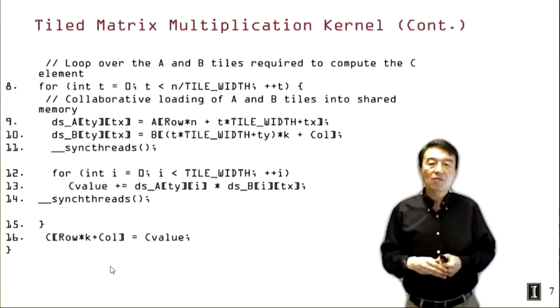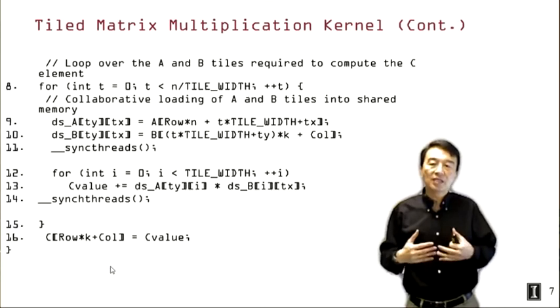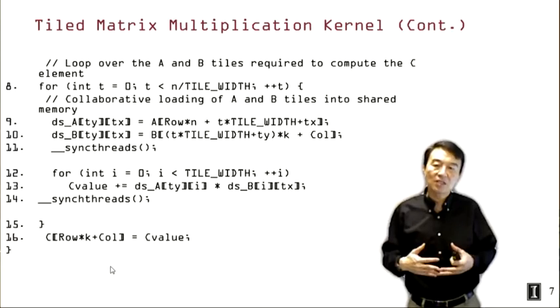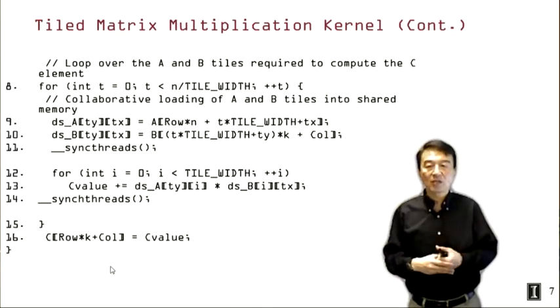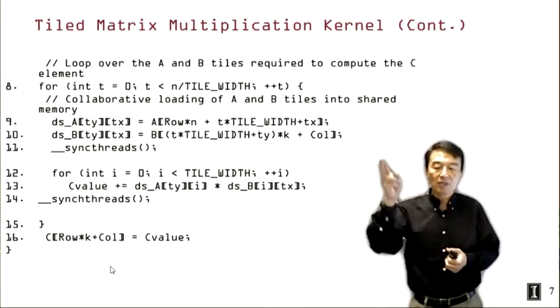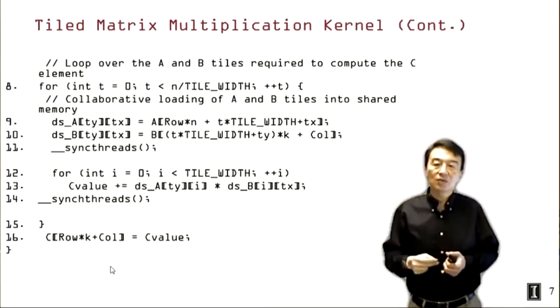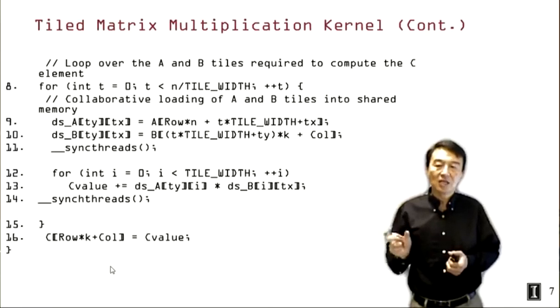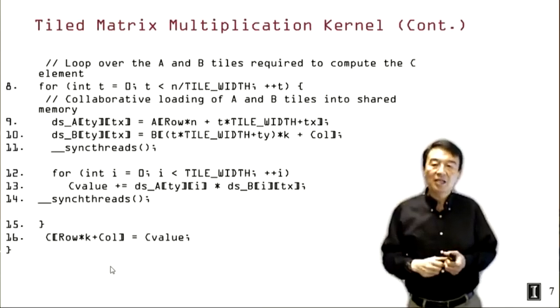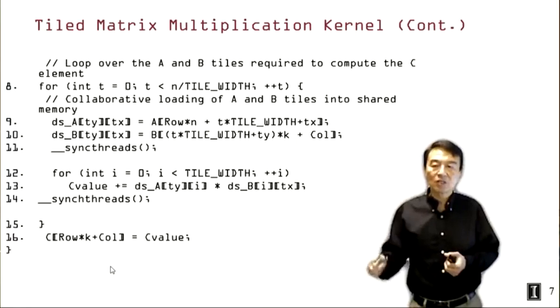So now we're ready to look at the tiled matrix multiplication code. This is where the code is quite different from the basic matrix multiplication kernel. We will actually have an outer loop that iterates through the phases. So the loop at line 8 iterates over the phases, and we're going to have T as the iteration variable that indicates which phase we're in.